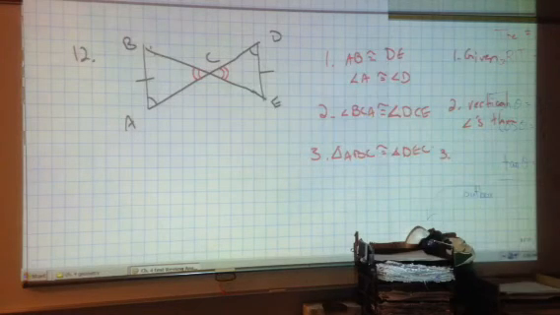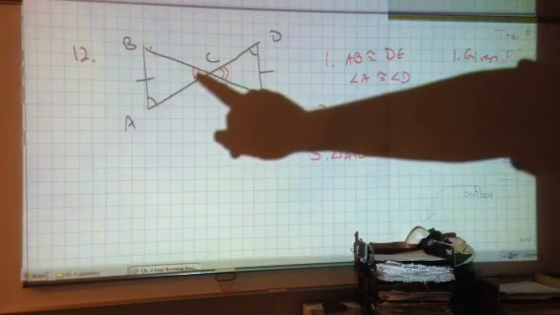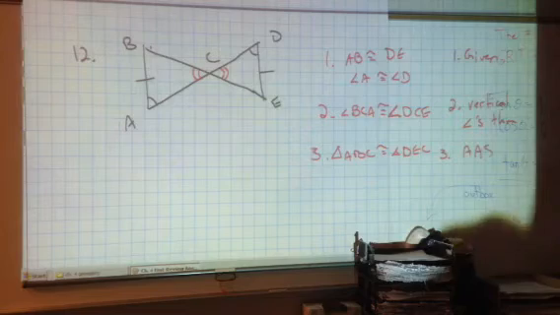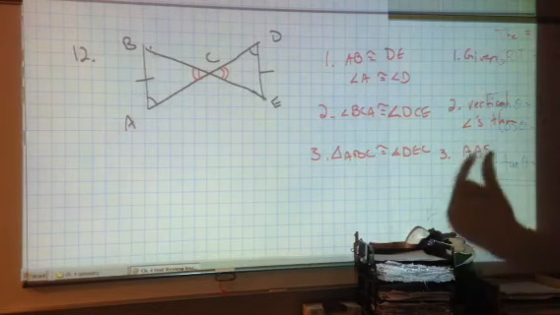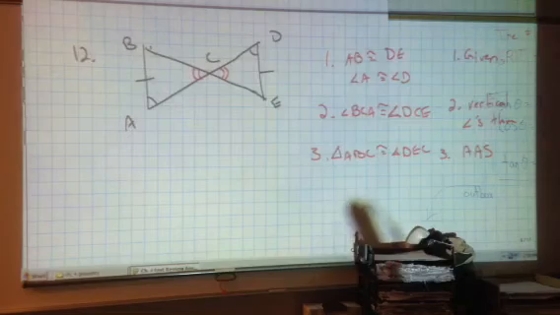And then again, I have to use one of my 5 shortcuts I listed earlier in the video. If you go around the triangle, it's going to be AAS. I have 2 angles and a side. Notice my side length that is congruent is not between my angles. So it's not ASA. So it is AAS. And we're done. Now I know everything else about these triangles is congruent.